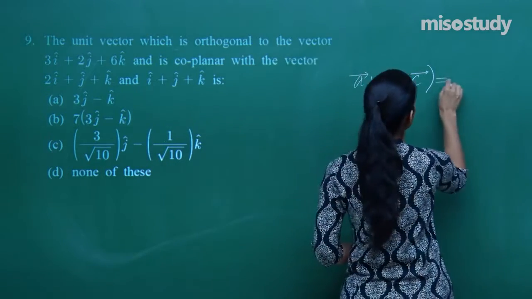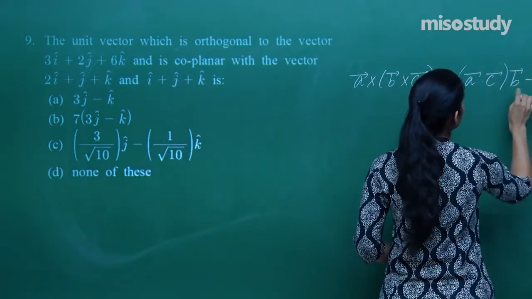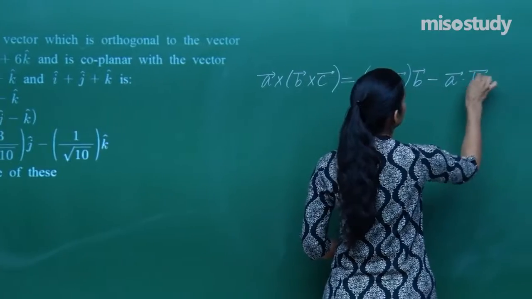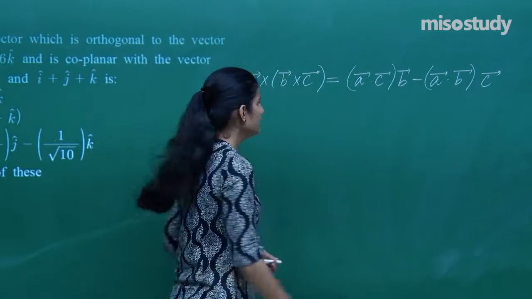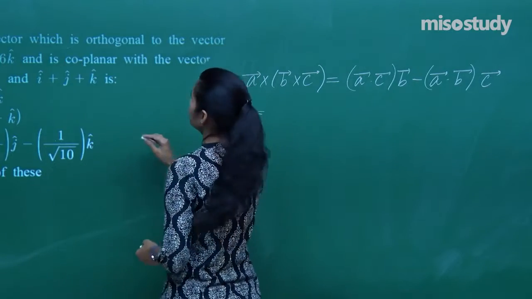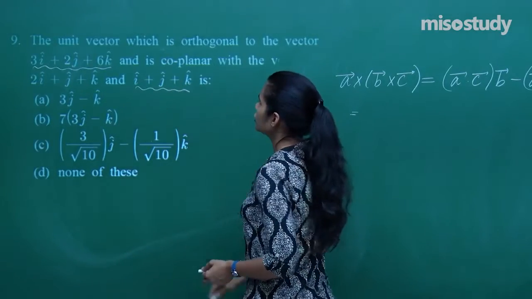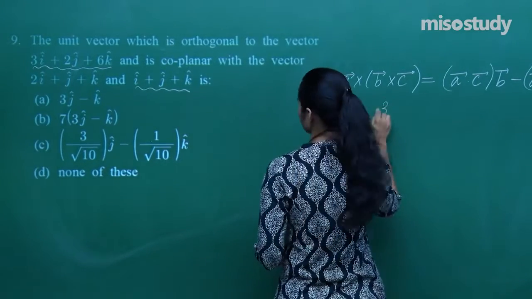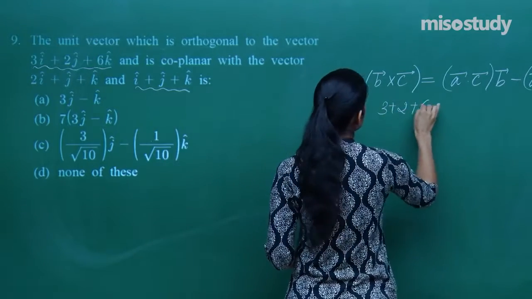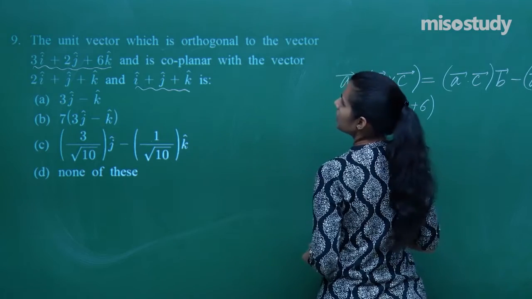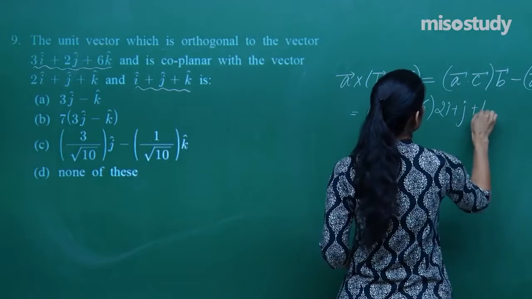Vector triple product of A, B and C, which is A dot C times B minus A dot B times C. What is A dot C? So this is your A and this is your C. So you get 3 into 1, which is 3, plus 2 into 1, which is 2, plus 6 into 1, which is 6, times B vector, which is 2i cap plus j cap plus k cap.